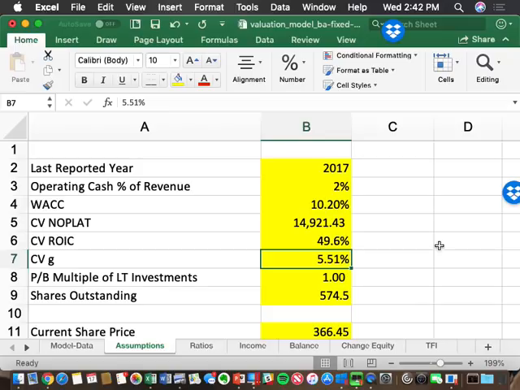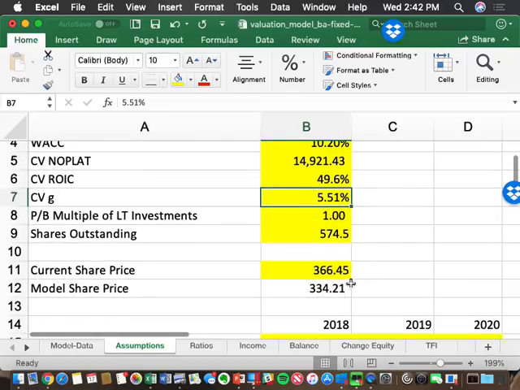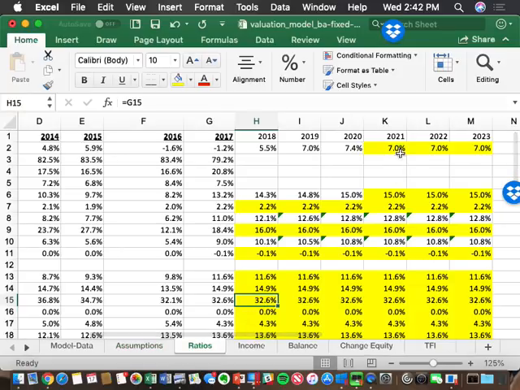So what I've done is back to my model. Okay, now I need to solve for the final $30. I'm not going to dramatically change the G like I did last week to get that $30. I know it must be something else. So let's go back to the ratios. It's probably not the tax rate. It's probably not the WACC, probably not the G. So is it the growth rate or is it the EBITDA margin?